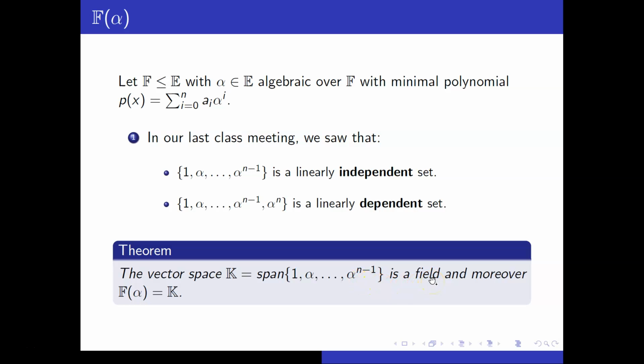But once we show that it's a field, we're going to show that this is indeed F adjoined alpha, i.e. the smallest field that contains both F and alpha.